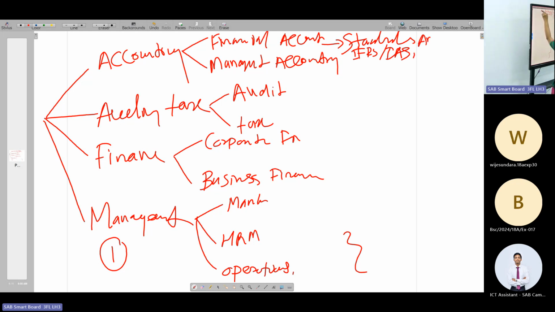If you want, you can write that down. Analysis of financial statements. What else? Management accounting. Last semester you had the management accounting subject. Yes. Budgeting.